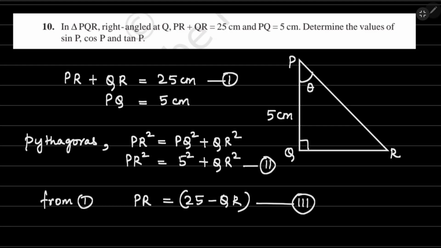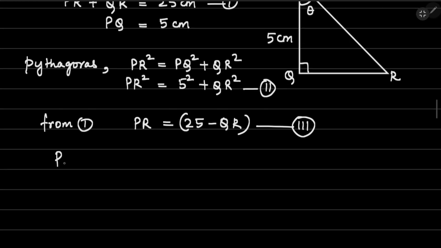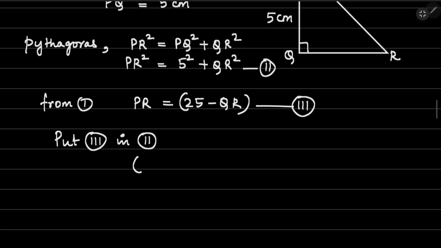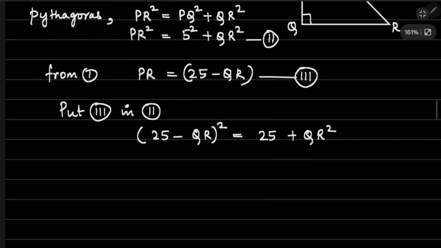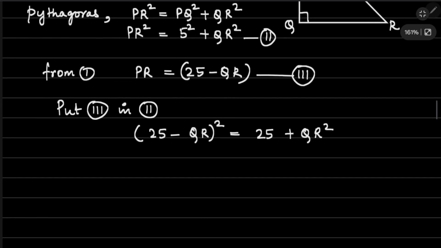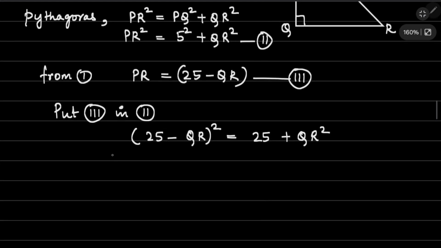So you can put 3 in equation 2. What do you get? PR is 25 minus QR, the whole square, equal to 5 square, that is 25, plus QR square. Just solve it. This is A minus B the whole square. Let's write 25 square as it is, and in the next step we'll expand it.